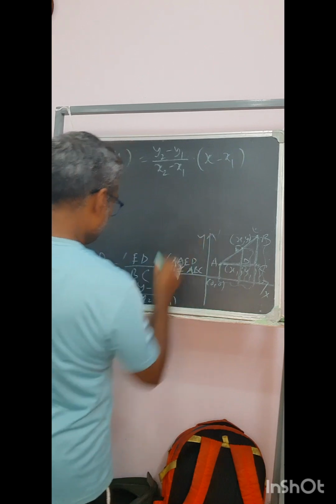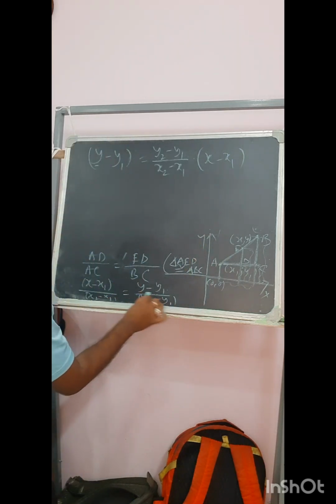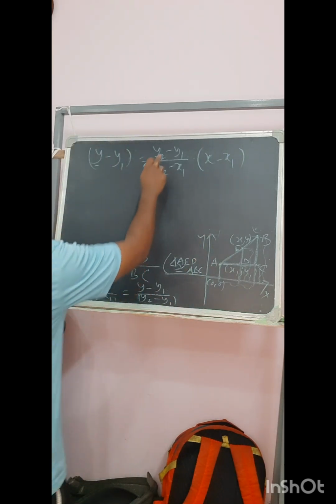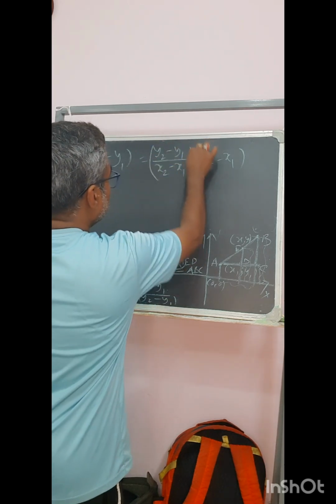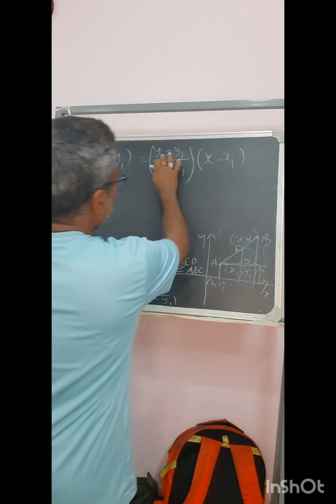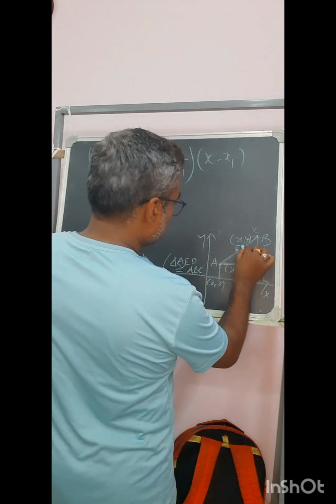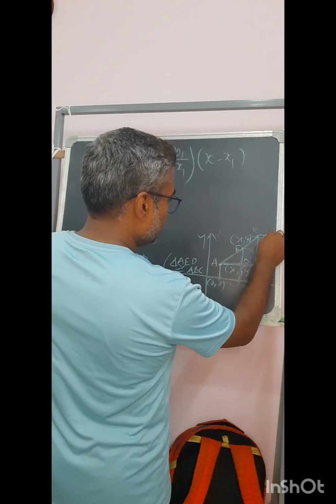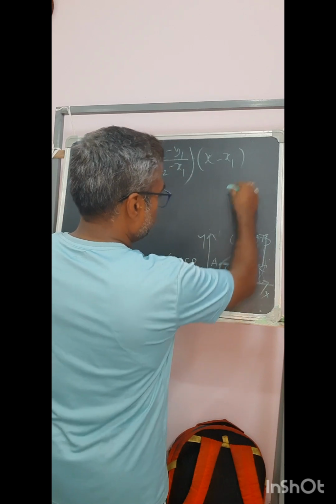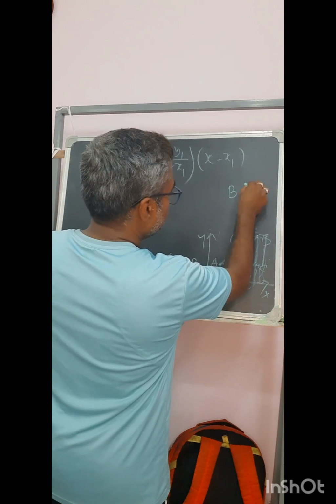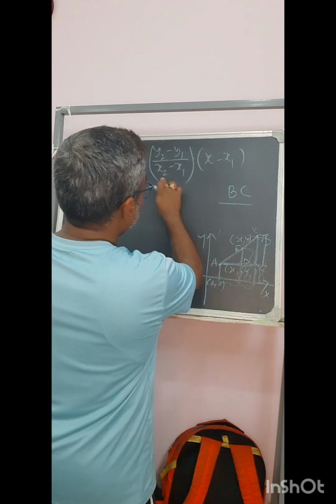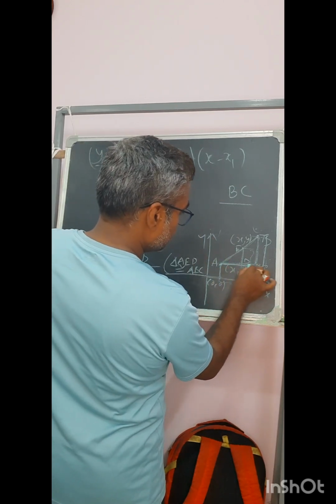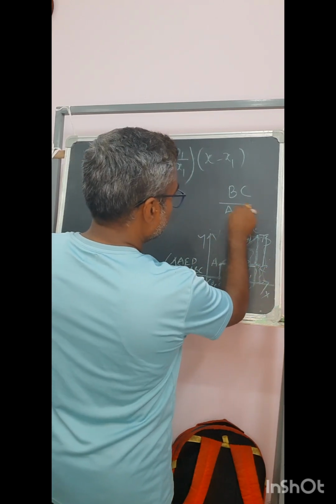If I cross multiply this, this will come here. So this is in the form of something multiplied by this. Now what is y2 minus y1? If you consider this one, y2 minus y1 is this one. So that means BC is y2 minus y1 and x2 minus x1 is this one, AC.